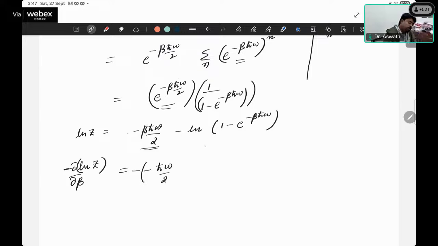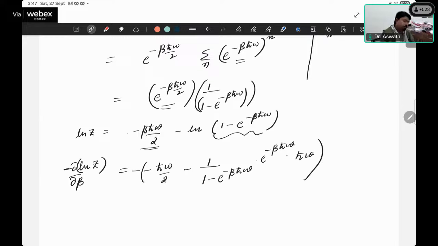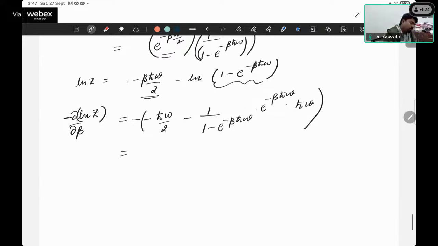Next, the derivative of this quantity, which is 1 by 1 minus exponential minus beta h omega, gives exponential minus beta h omega into h omega.